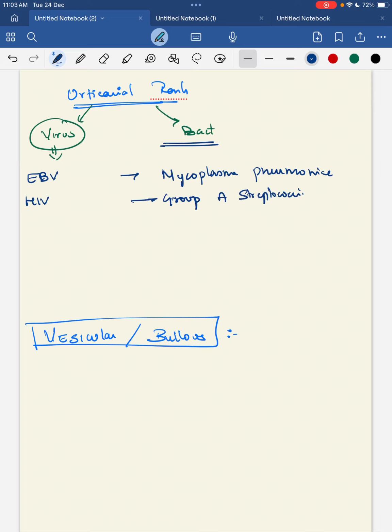So when you find a vesicle or a bulla in a child, what are the investigation you have to do? You have to consider viral PCR for HSV, viral culture, then gram stain and culture of your lesion. Okay, these are the things you have to consider when you find a child with vesicular and bullous lesion.